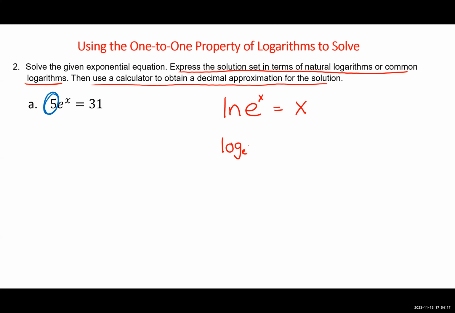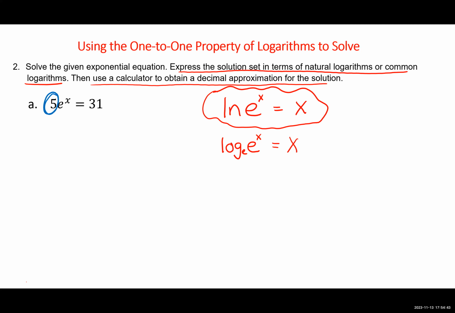So when you have log base e of e to the x, well, that's a log and an exponential function. They cancel out each other. They're inverses. So that's equal to x. So because of this property, I want to get rid of that 5, and take the natural log of both sides.